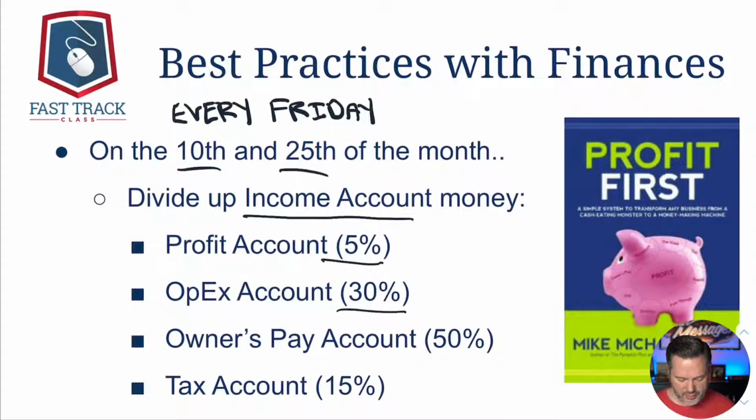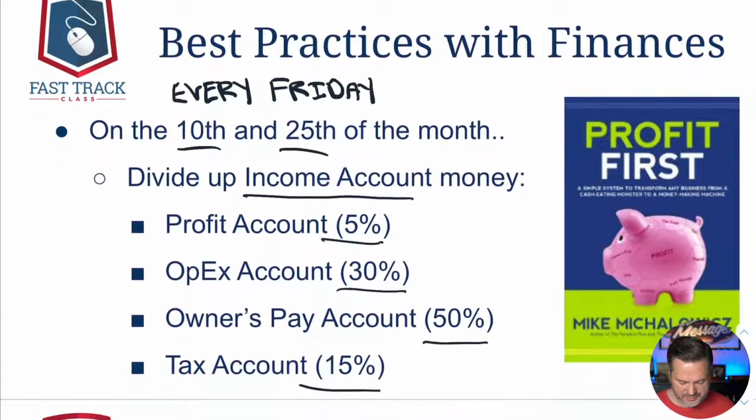Then you would put 30% of whatever you made that week into operating expenses. You put 50% into your owner's pay, and then you put 15% into your tax account. So what you can do is you can pay quarterly taxes, which we'll talk about in just a second.